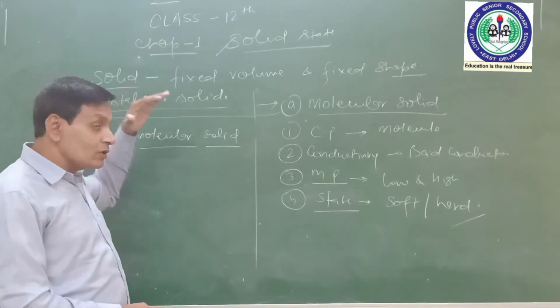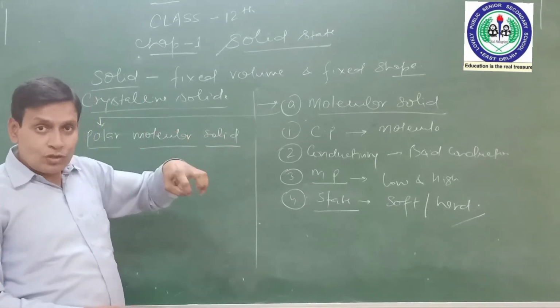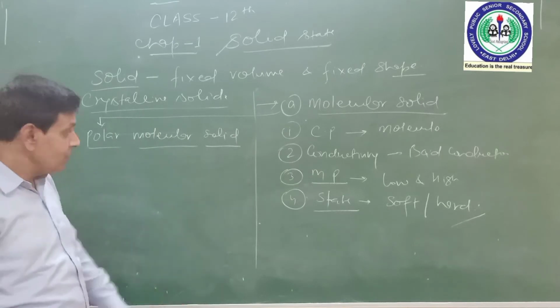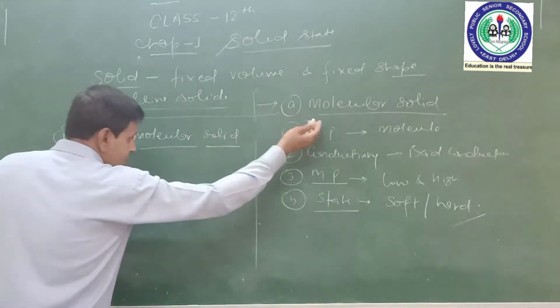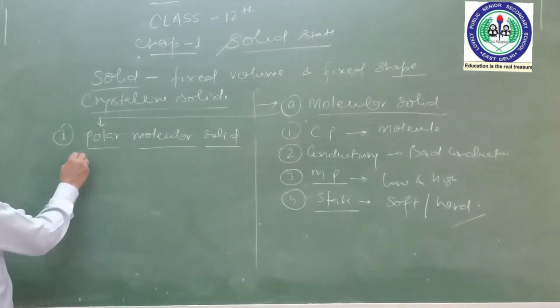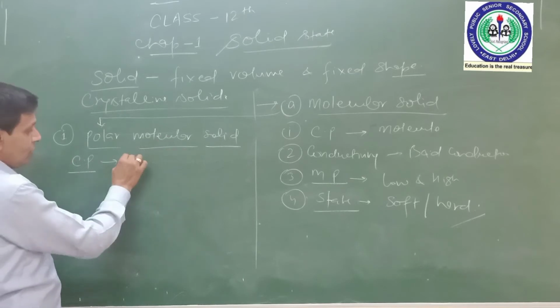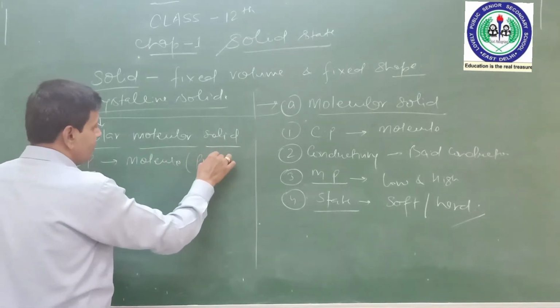We check whether that particular compound contains a partial charge or not. On the basis of that, we can identify whether the molecule is polar or non-polar. So according to these different scales: the constituent particle of the molecular solid may be a molecule, but a polar molecule.